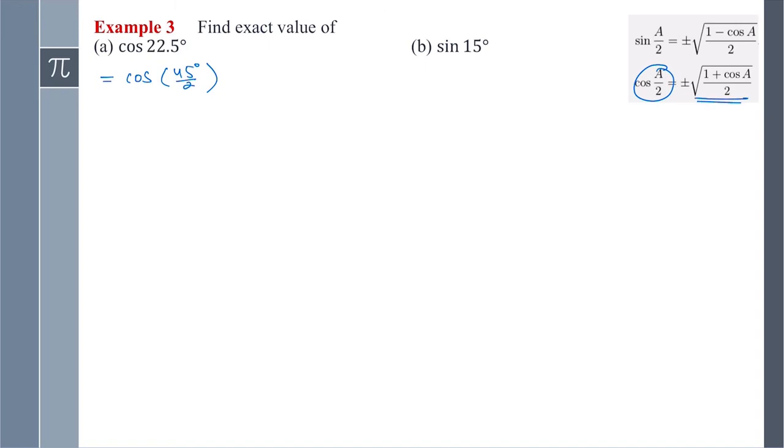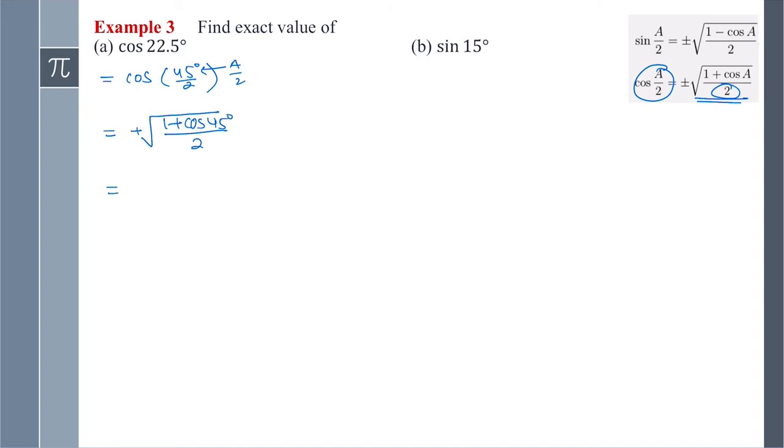We know that this angle is in the first quadrant, so it is positive. Cosine of any angle in the first quadrant is positive. So we'll just take the positive value of the square root. It is 1 plus cosine A, where A is 45 degrees, over the 2 here in the formula.